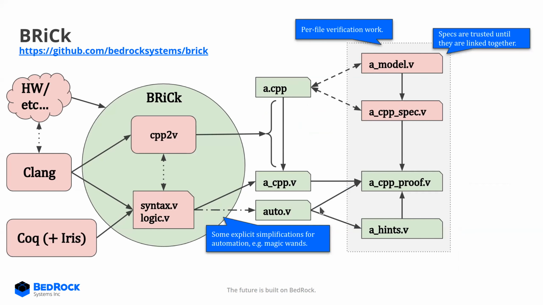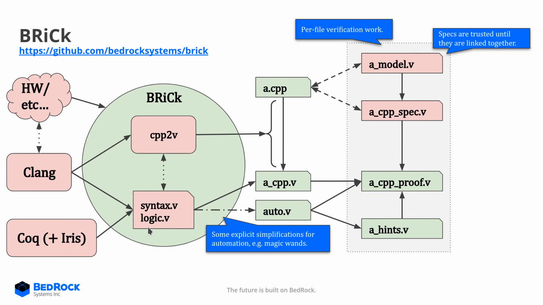For this, we've developed a tool called Brick. It's a C++ semantics. Much of the architecture of Brick is based on the VST style. Where VST uses something like CLightGen to take C programs and produce representations in Coq, we use Clang, a tool called CVV that is built on Clang, to take C++ programs and produce a representation in Coq.